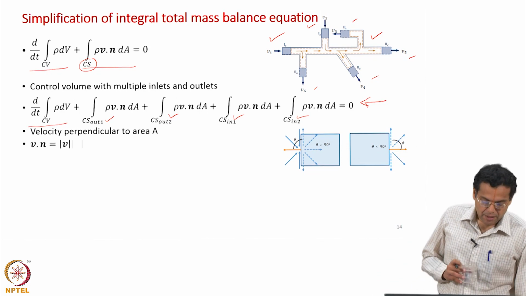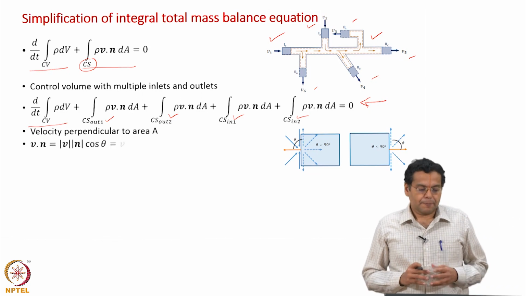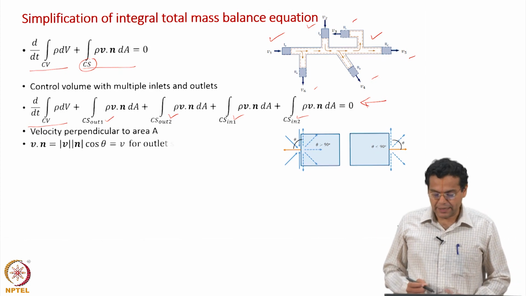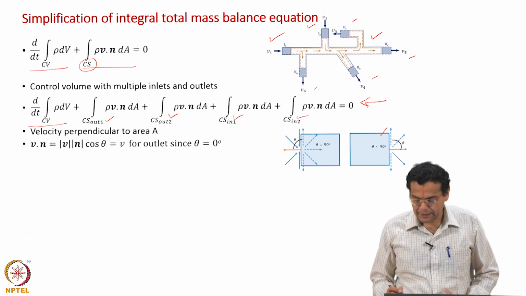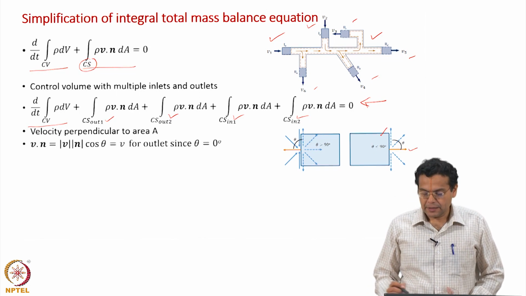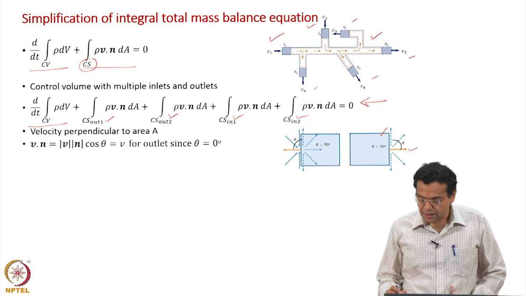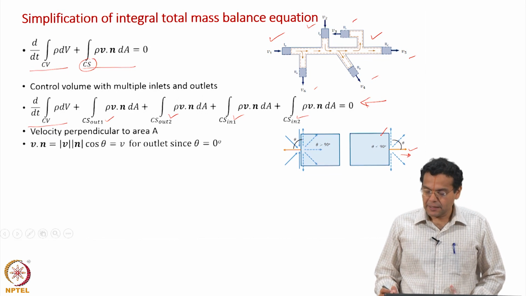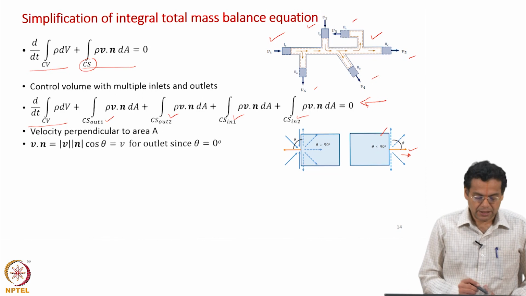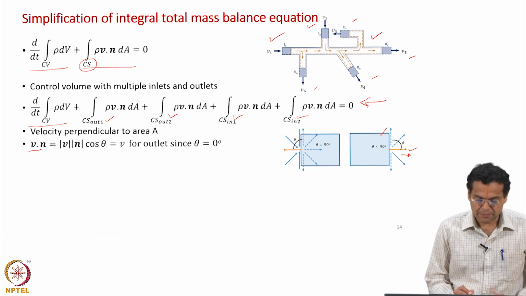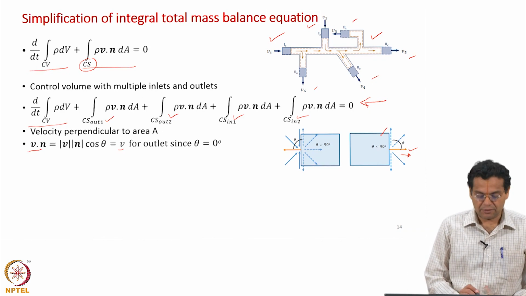So, what happens if it is an outlet? It is shown here: this is the outward normal to the surface, and the velocity vector is also along the normal and both are in the same direction. So, theta is 0 degrees. So, V dot n just becomes V, the magnitude of velocity. What have I done?